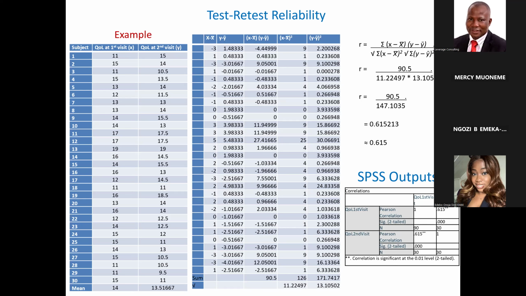I didn't share the other one with you, but I shared this one with you. Kappa, inter-rater. So Cohen's kappa index of inter-rater reliability has a formula. But let's explain it. M is the total observed frequency.